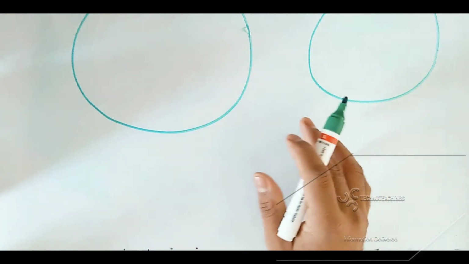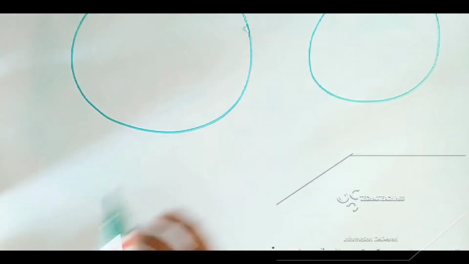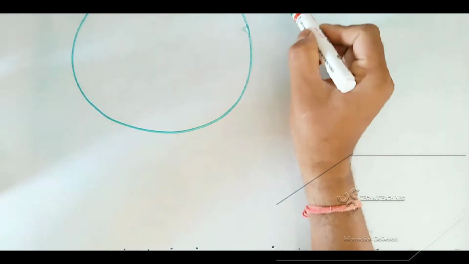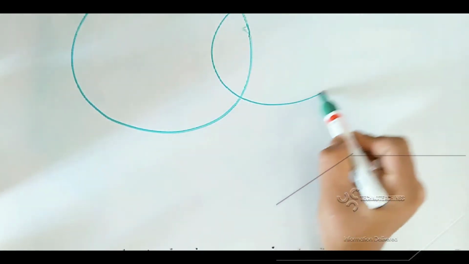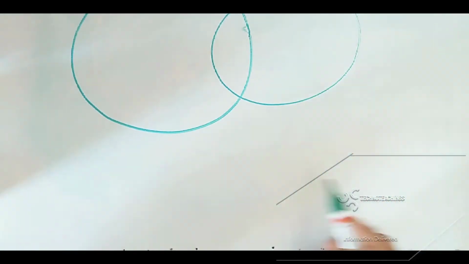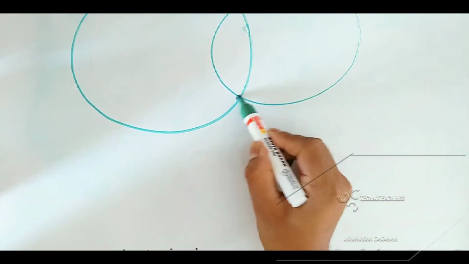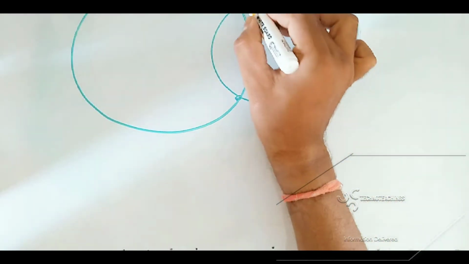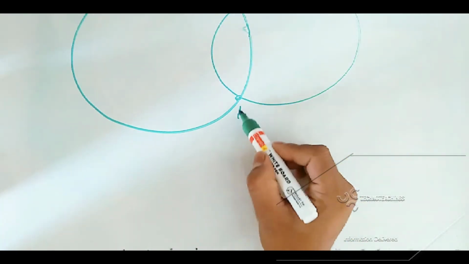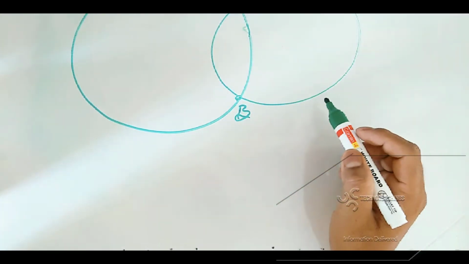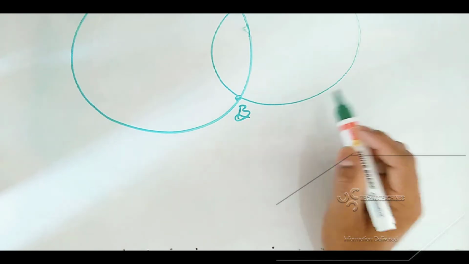As per this figure, the two circles are being separated. So now when I bring these circles together, I will call it intersection. So these two circles are intersecting one another. So these are intersecting at two common points. So I'll name this point A and this point B, right?